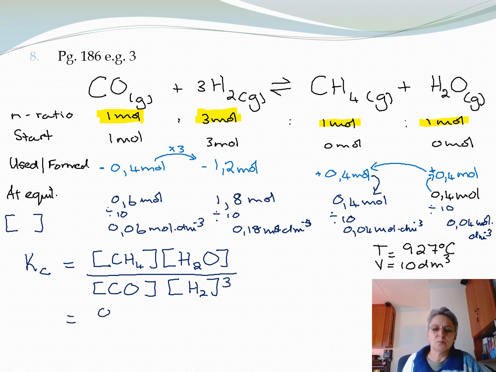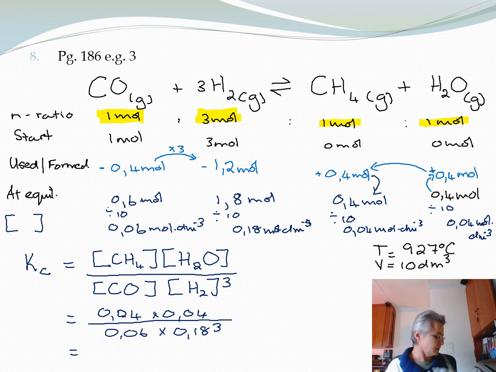So it's 0.04 times 0.04 divided by 0.06 times 0.18 to the power 3.